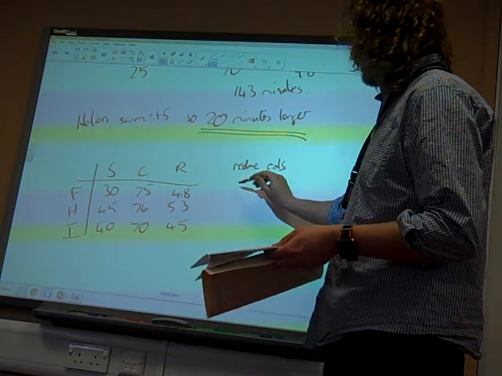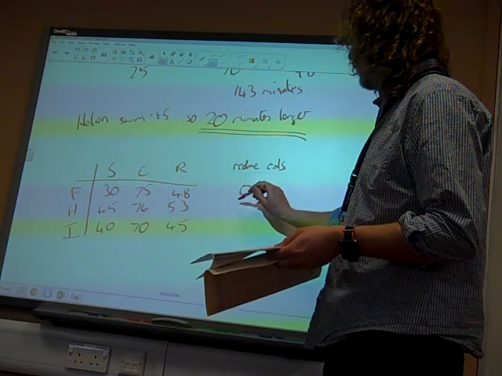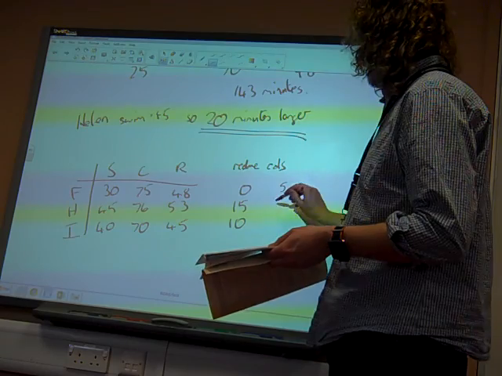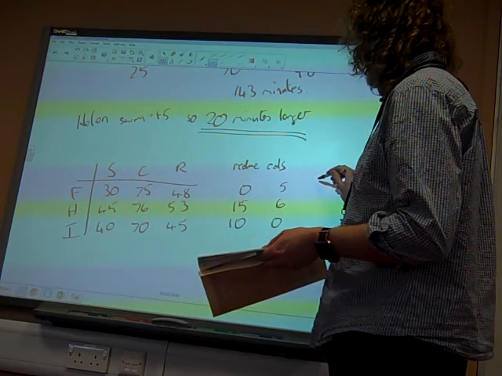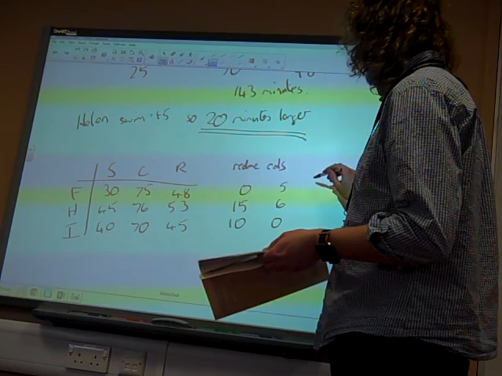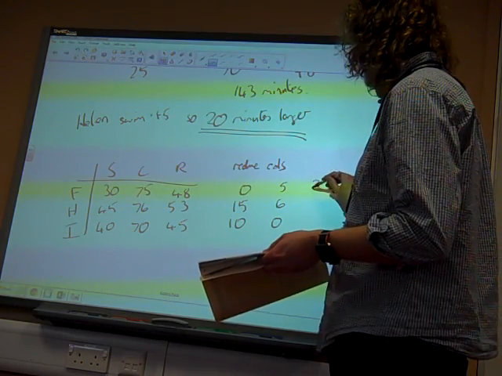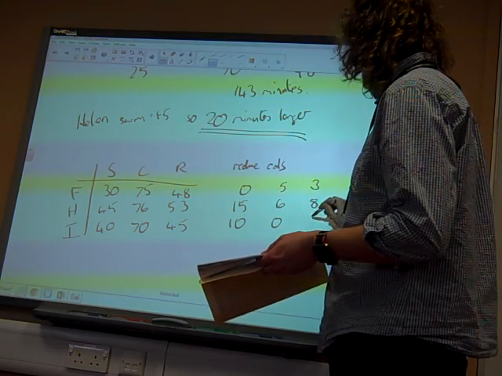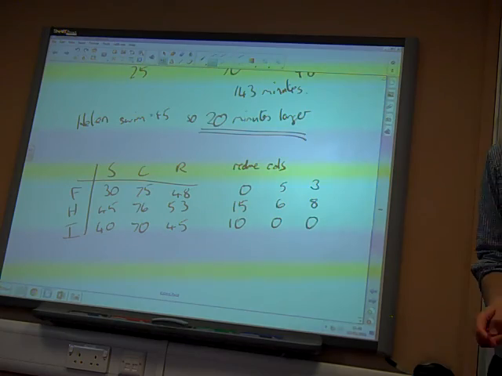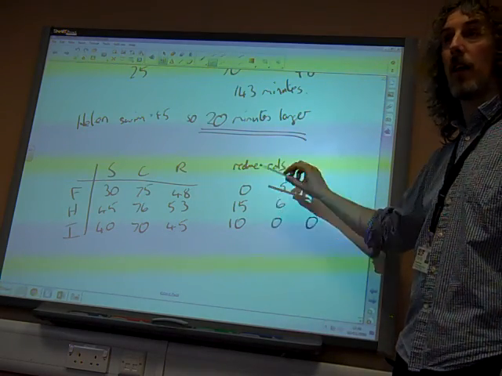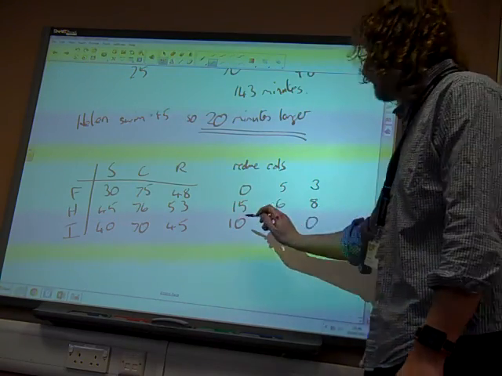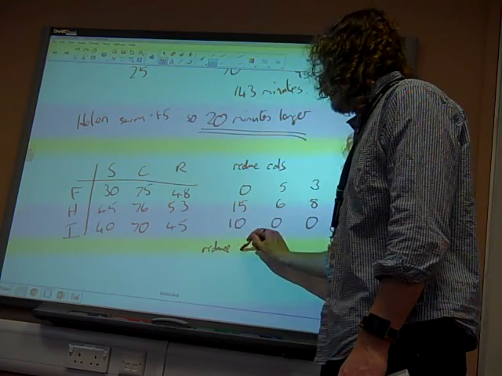So if I reduced the columns, I got 0, 15, 10, 5, 6, 0, and what's that give us? 3, 8, 0. At which point we notice that actually we've got 2 in that line. We can reduce this further if we reduce rows, or we can dive straight into the Hungarian algorithm. I'm going to reduce the rows and see what happens with that.